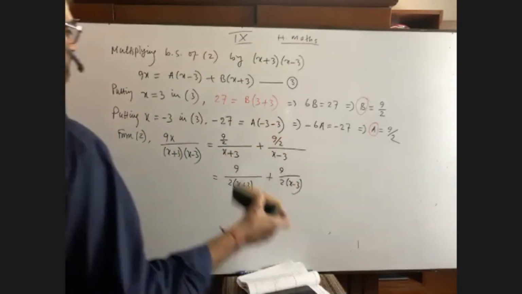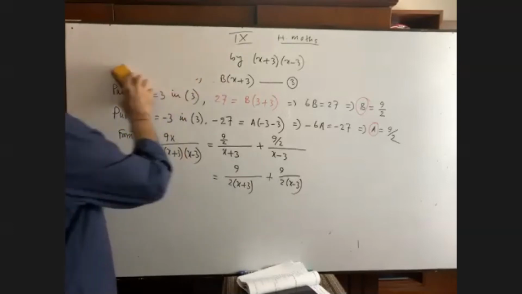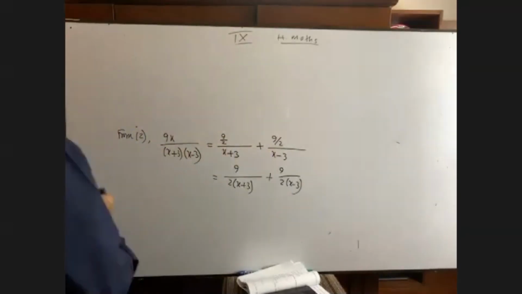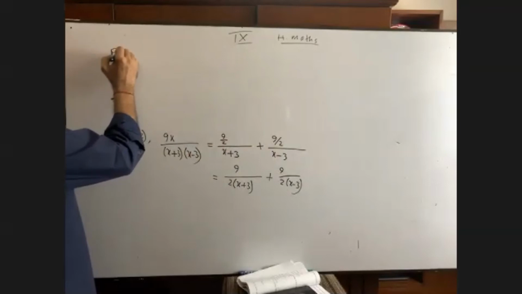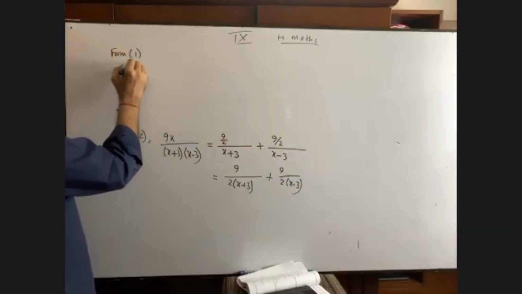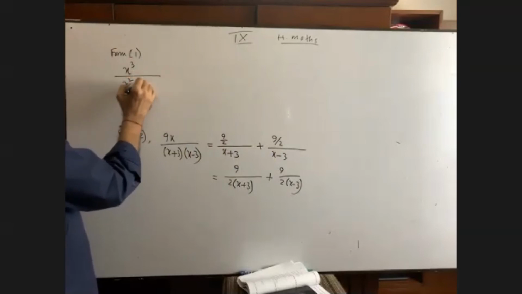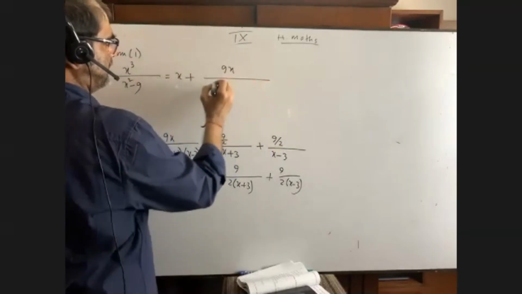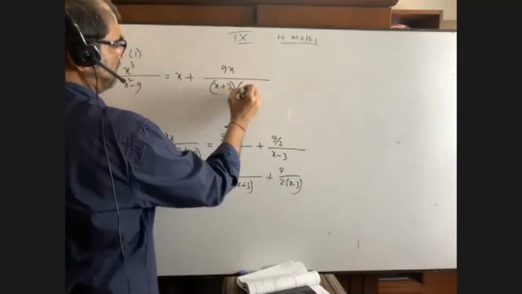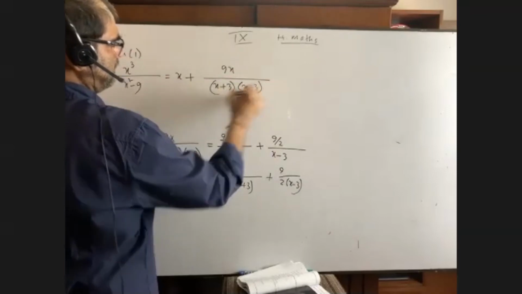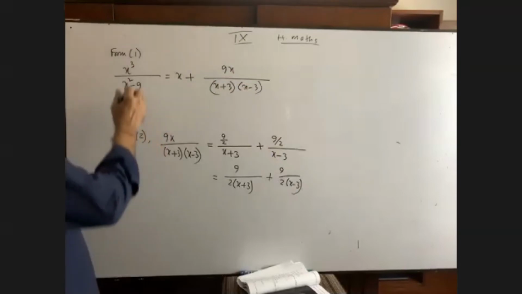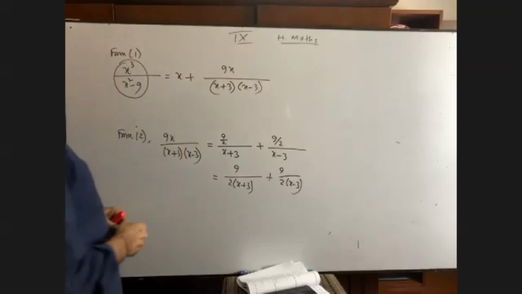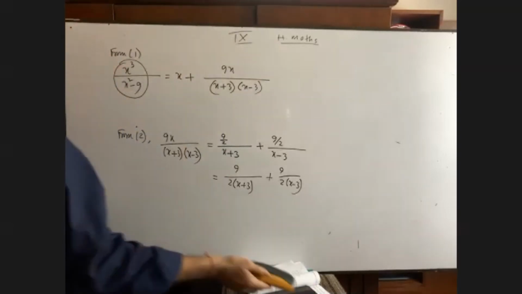But it is not our math. What is our math? Can you remember, please? From 1, we get x cubed by x square minus 9 is equal to x plus, I think it is our math, right? Now you just put the value here.